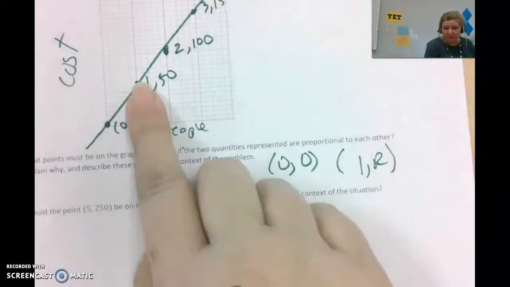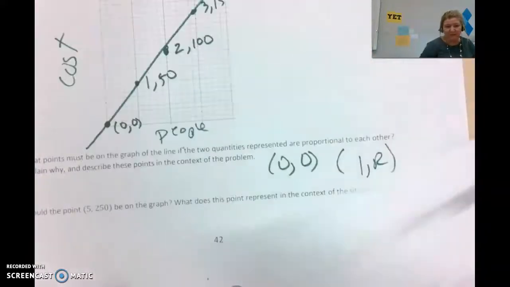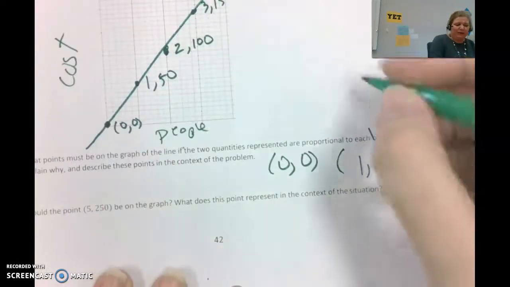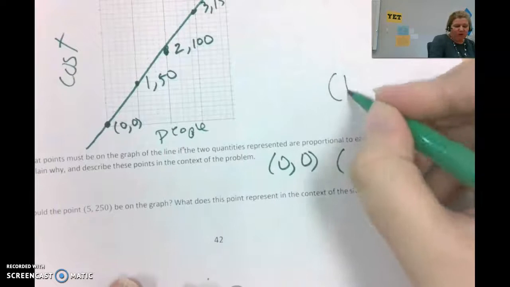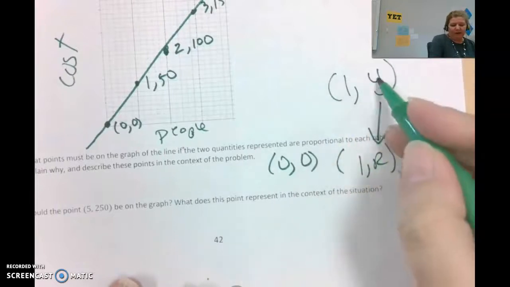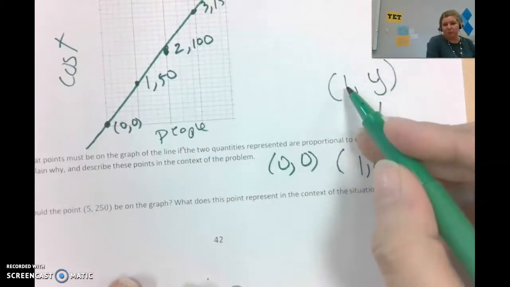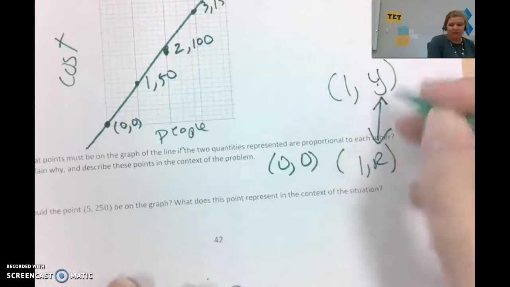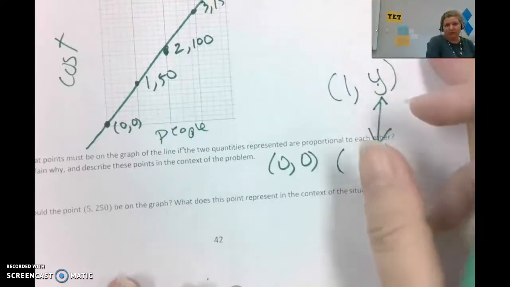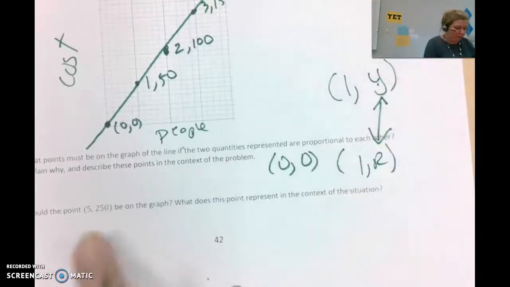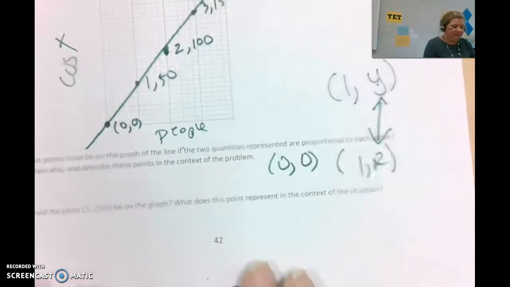It may not be labeled, like this one wasn't labeled, but it has to exist there. Whatever y value goes with the x value of 1, that has to be the rate in order for this to be true. Now, would this point be on the graph?